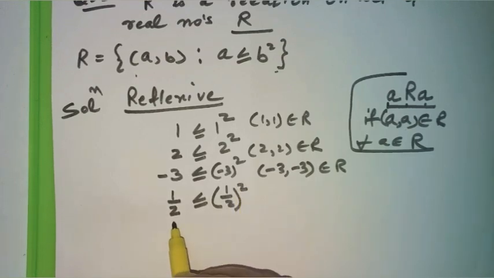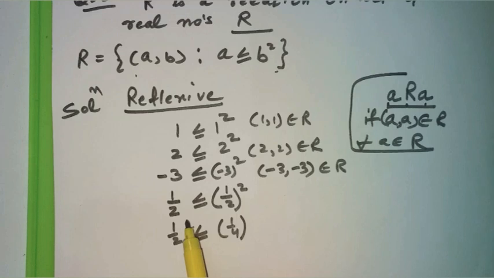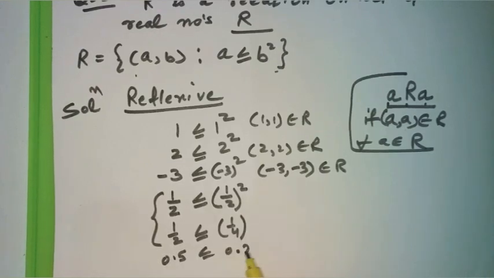That means I want to say that 1 by 2 is less than or equal to 1 by 4. Please check, students, whether this is a true statement. 1 by 2 has the value 0.5, and 1 by 4 is 0.25.